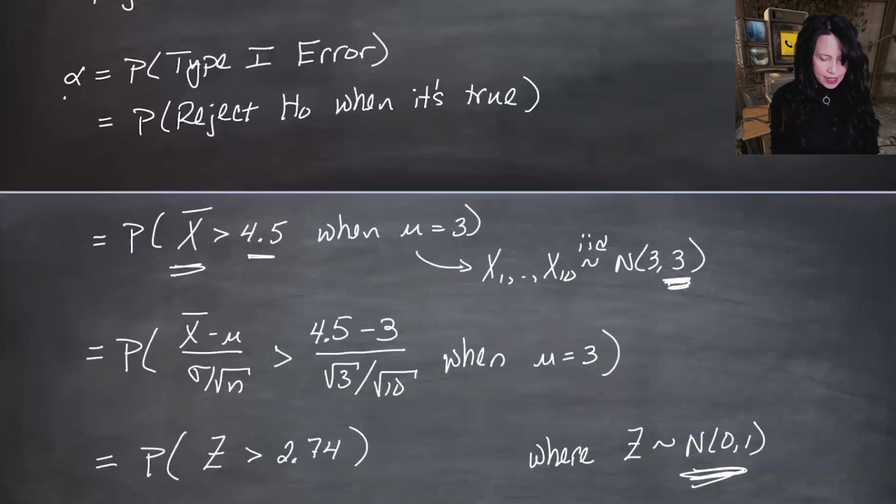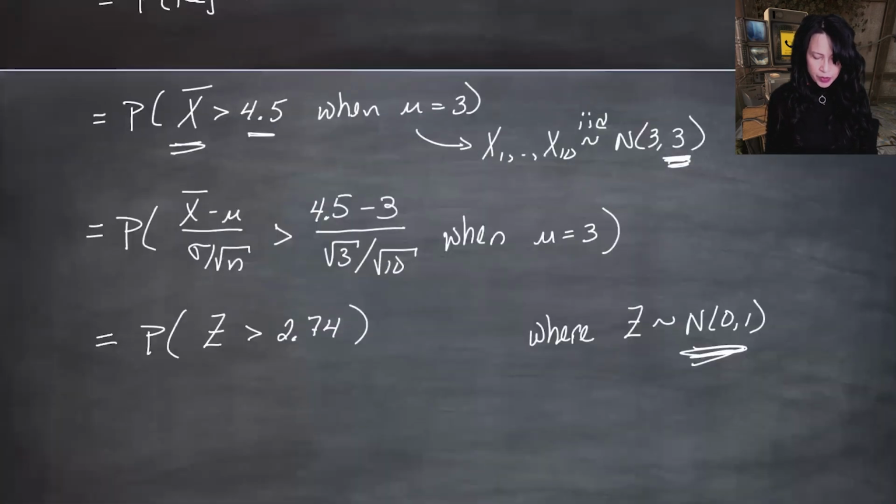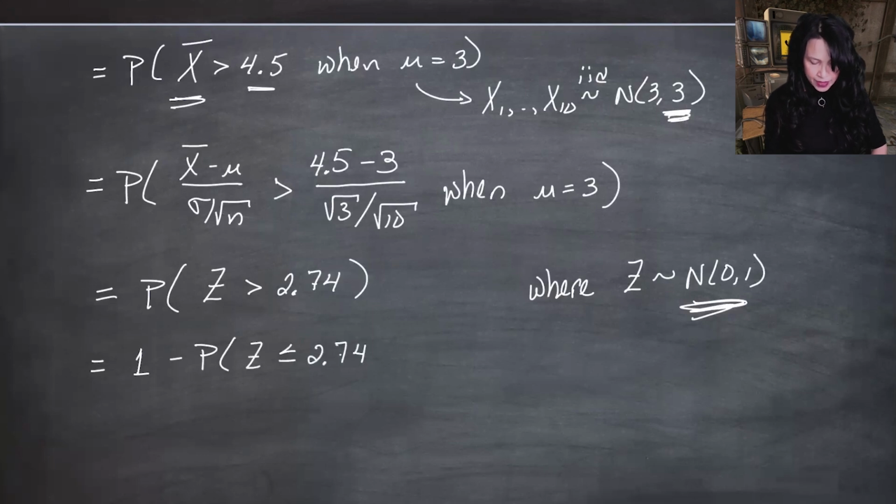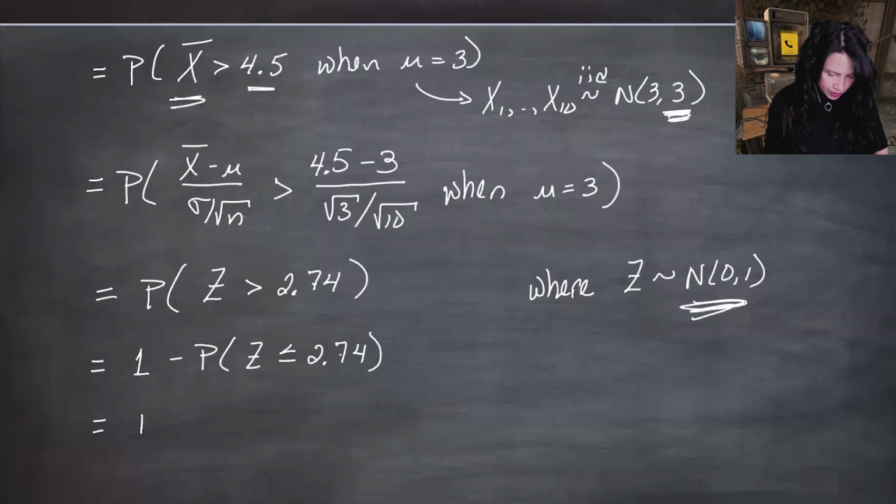So we're trying to find this alpha. We rewrote it as this probability, and we know how to find this using a z table, or maybe you're finding this using software. Our table had CDF or cumulative values, like less than or equal to probabilities. So I would write this as 1 minus the probability that Z is less than or equal to 2.74, and then go to the table. I'm not going to scroll back and forth, but I'm looking at a table. This looks like it's 0.9969.